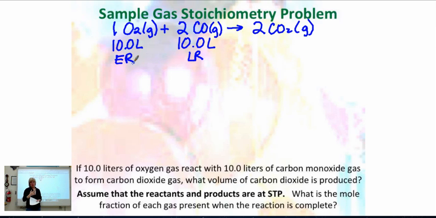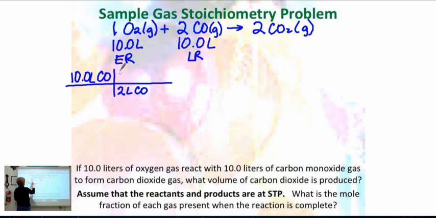So we want to know the mole fraction of each gas when the reaction is complete. So let's first figure out the volume of each gas when the reaction is complete, and then we'll convert the volume to moles using 22.4 liters per mole. So if I have 10 liters of CO, 2 liters of CO will require 1 liter of O2.